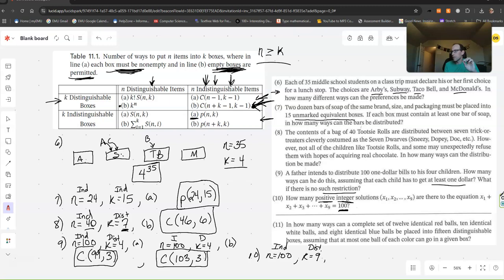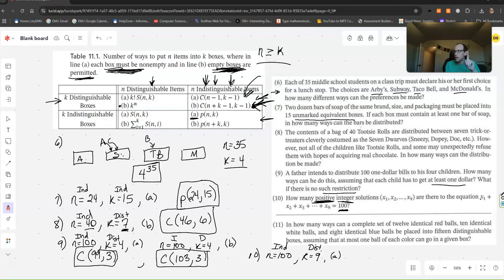Are we allowing empties? Well, it depends. These x values, is it okay for some of them to be 0? It's not, because we say positive integer. 0 is not a positive integer. 1 is the lowest positive integer, which means each of these values of x has to end up with at least one of the ones. So we're saying each box must be non-empty. So we're doing indistinguishable items into distinguishable boxes.